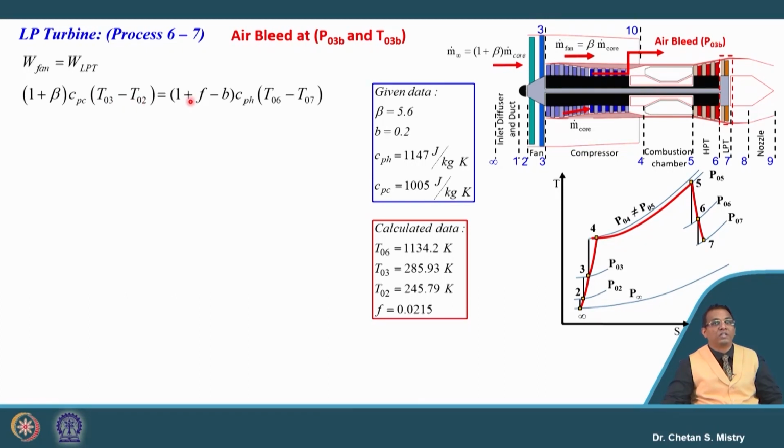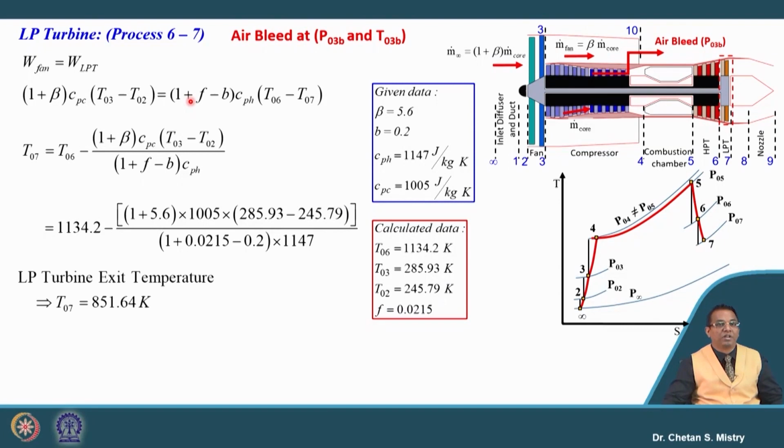In the same way, on this side also you will have m dot core, which will cancel out. If you write this equation, T07, the LP turbine exit temperature, comes out as 851.64 Kelvin.